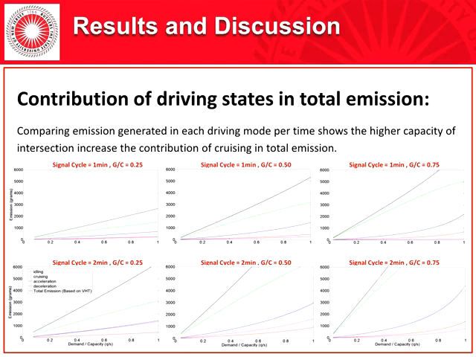This means that there is a high contribution of cruising in total emission when we have a higher capacity, while in the two left-hand side figures, the emission caused by idling, which is the magenta line, and the emission caused by stops, which is the summation of acceleration, blue line, and deceleration, red line, is even more than 2/3 of total emission. So this is a huge contribution of idling and number of stops in total emission.